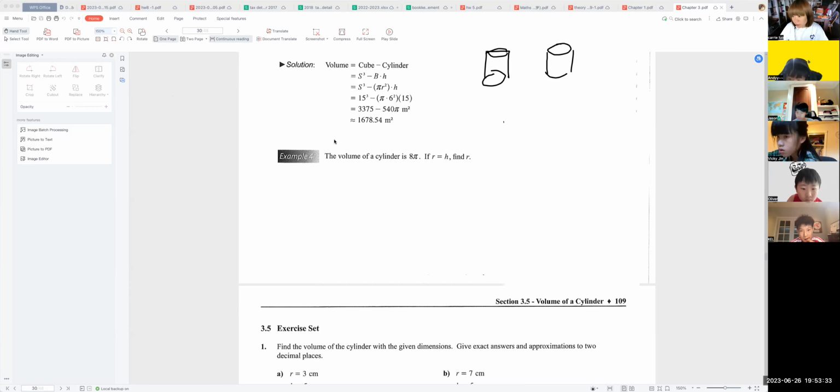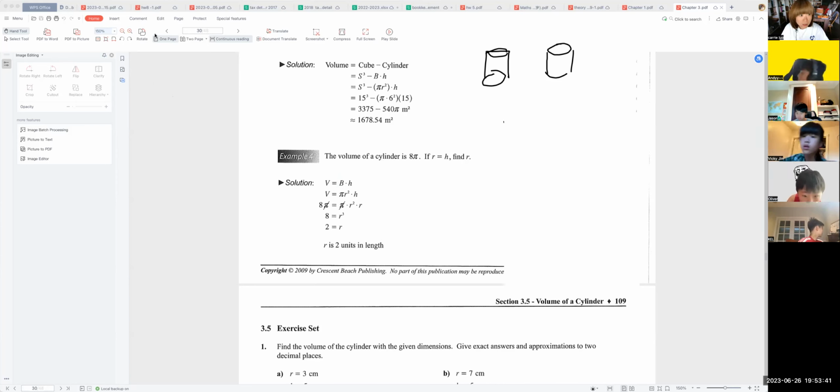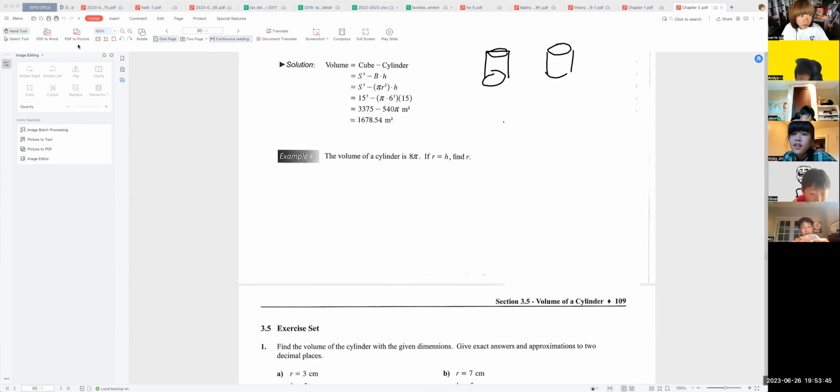Andy doesn't know again. So the teacher will say it once more. Everybody, when you do these questions, first of all, it's always V. So V equals base times height. Get it, Andy? That's the most important thing, right? But because it's a cylinder, the cylinder's base is what?